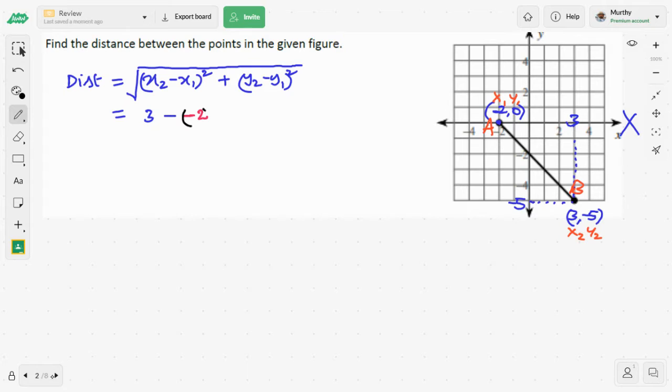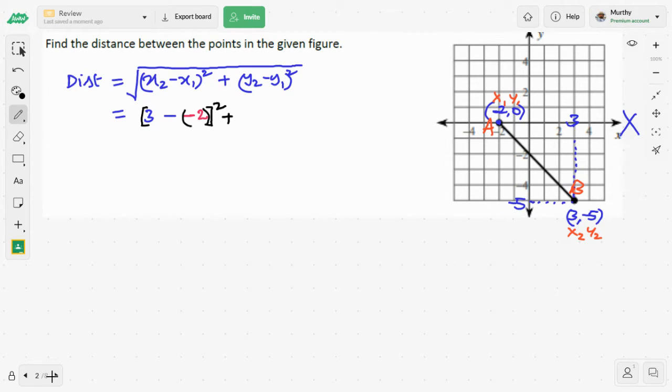So in such a case, you take extra parenthesis: let me put the negative value in parenthesis and the entire calculation in a big parenthesis. Then whole square.